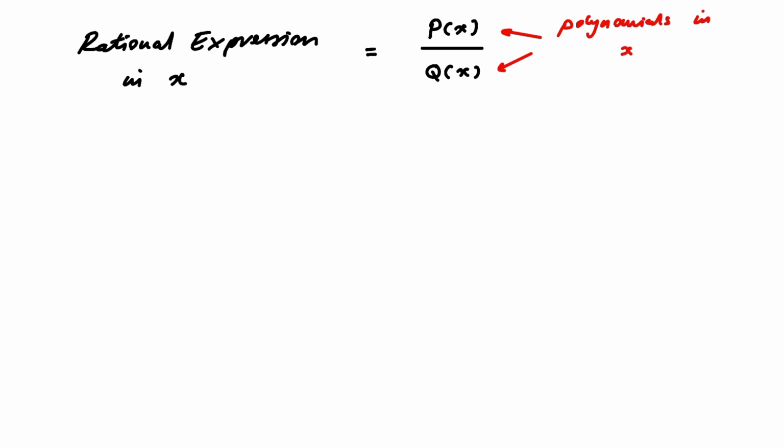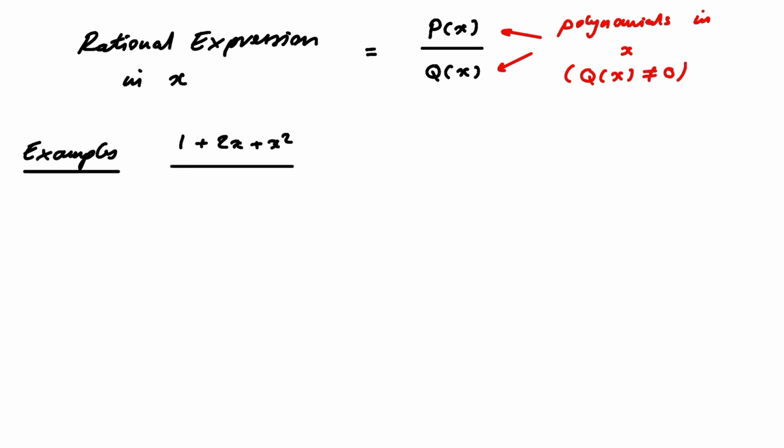And of course, for this to make sense, we're going to have q(x) not equal to 0, because you can't divide through by 0. So just some quick examples. We could have (1 plus 2x plus x squared), a quadratic, divided by a linear, 3x plus 1.